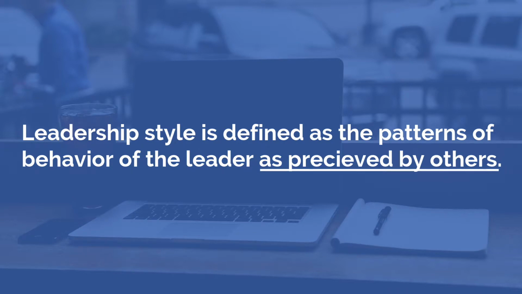In other words, I may say I'm a directive leader, but if my followers do not perceive me as a directive leader, I'm not really a directive leader, because my leadership style is defined by the patterns of behavior as perceived by others. They may view me as a passive leader, but I may think I'm a directive leader. So my leadership style is really passive.